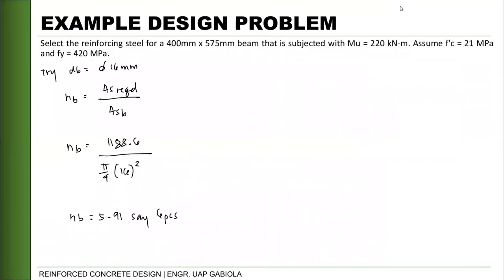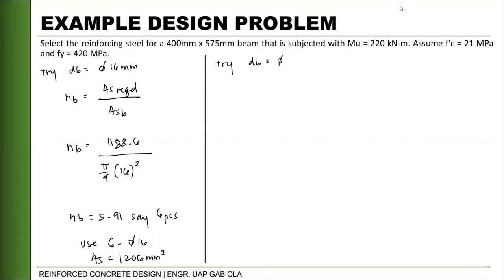So, meaning in our problem, we can use 6-16 in our beam, with As of 1206 as shown in the table. But suppose the problem limited us to use a 28 mm diameter rebar. How would you calculate? Manually, As required over the As of the bar: 1188.6 over pi over 4 times 28 squared.